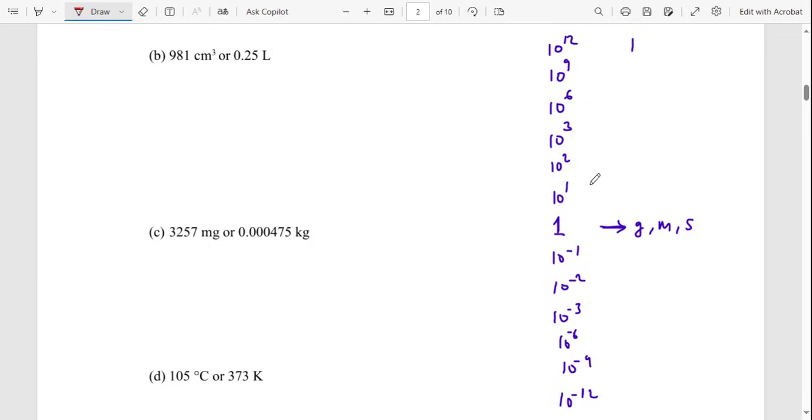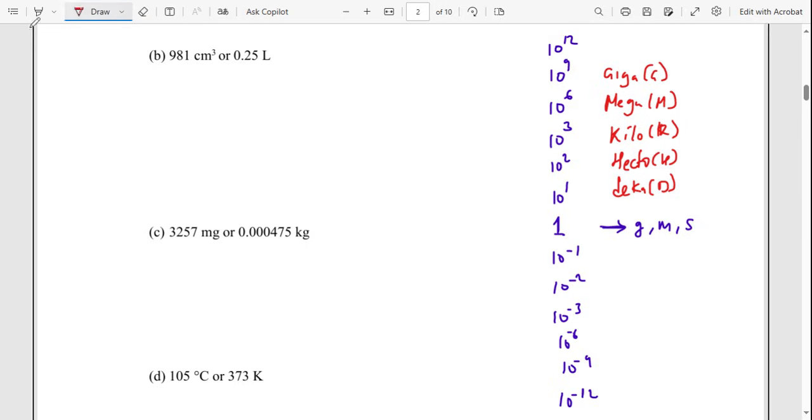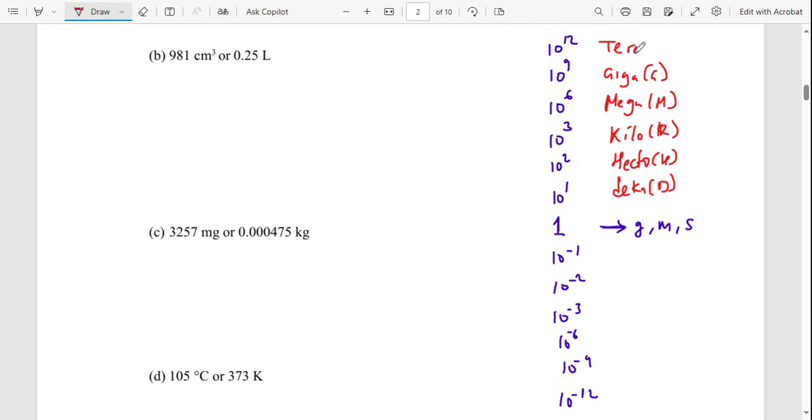Going up, 10 to the power 1 we call deca, with a capital D, because those have positive powers, so they carry capital letters. 10 to the power 2 is hecto, capital H. 10 to the power 3 is a kilo, capital K. 10 to the power 6, a million, is a mega. 10 to the power 9, a billion, is a giga. 10 to the power 12, a trillion, is a tera. That is for the positive units.